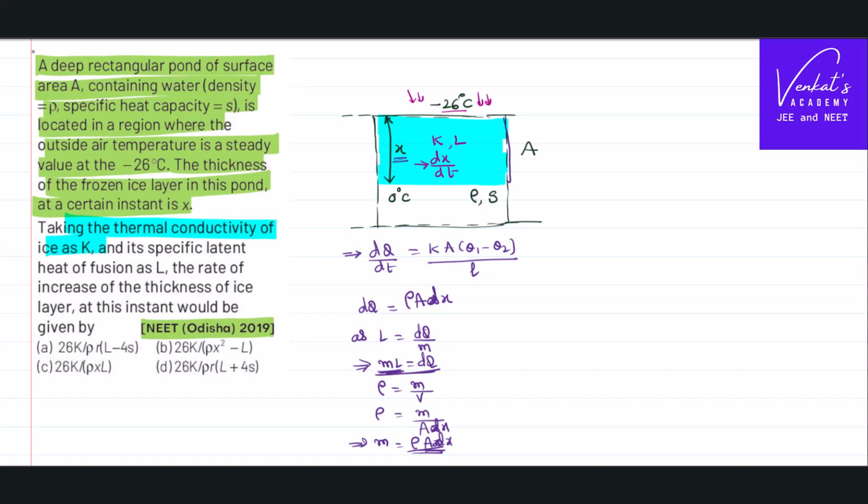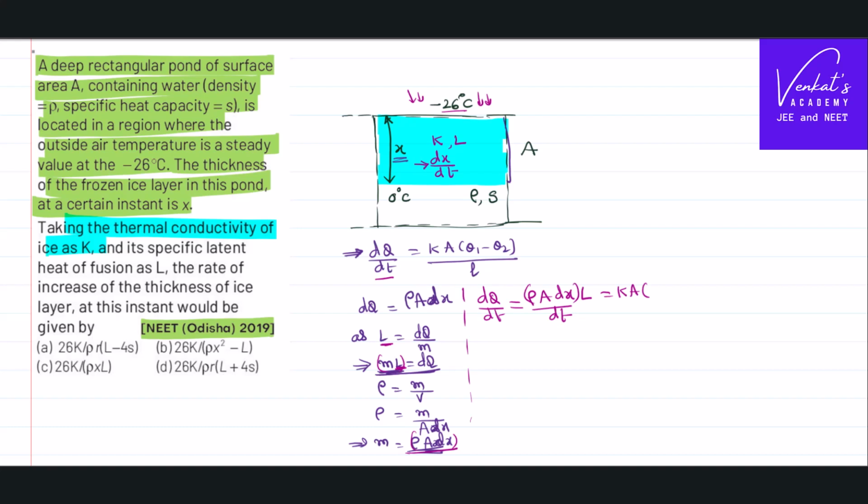Let us substitute dq equals mL in this equation. Then dq by dt, with dq written as density area into dx, into latent heat L, which is given in the problem, equals K area times the difference in temperature.